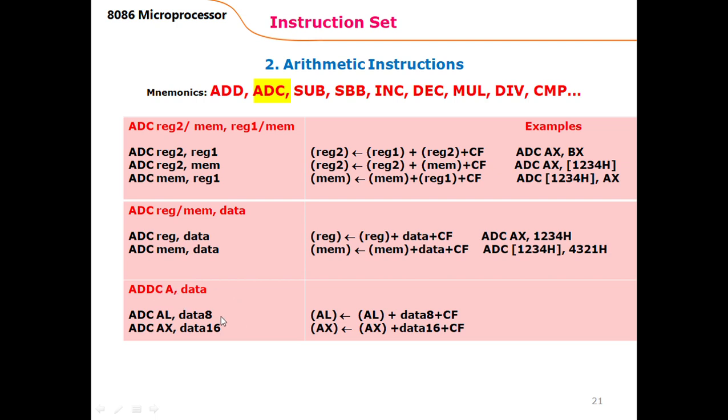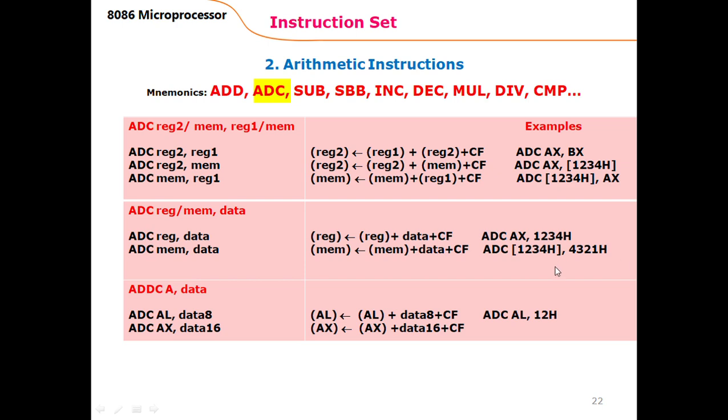So accumulator immediate data can also be added with the accumulator, and 8-bit immediate data can be used, and 16-bit data can be used. In case of 8-bit immediate data, the low part of the accumulator register, AL, is used, and in case of 16-bit data, the accumulator AX can be used.